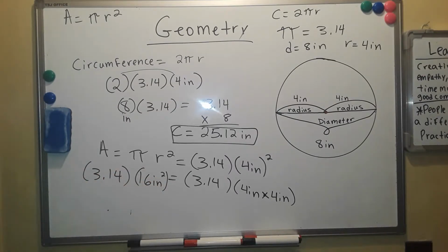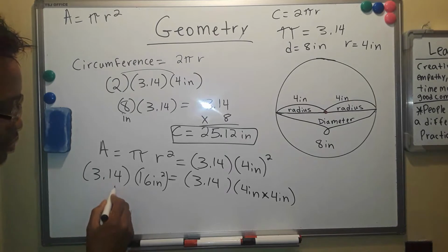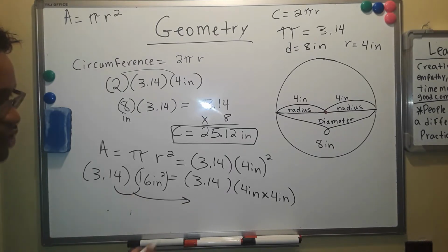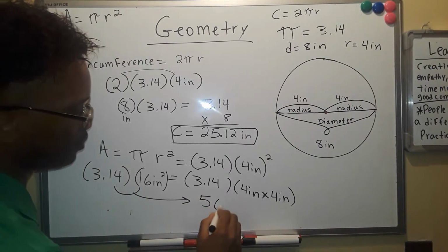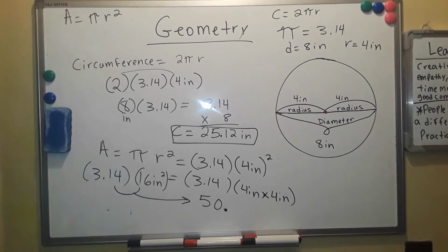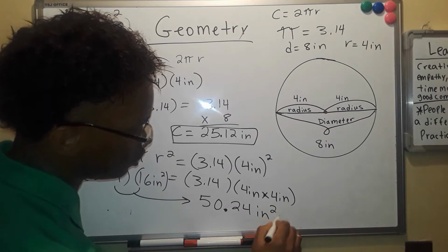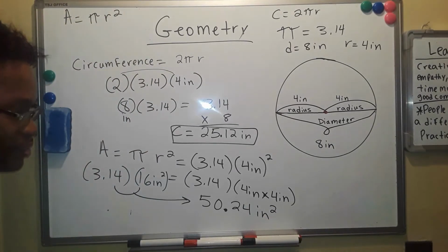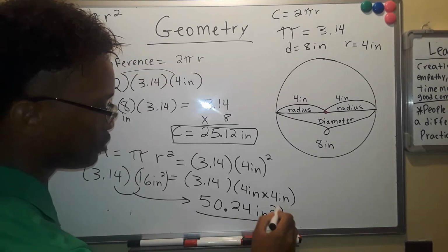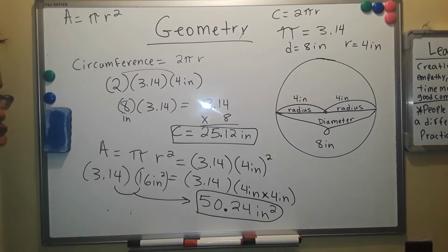Okay? And when you multiply all that, 3.14 times 16, and you sum it up really fast, it'd be 50.24 inches squared. I don't know if all y'all got that. 50.24 inches squared.